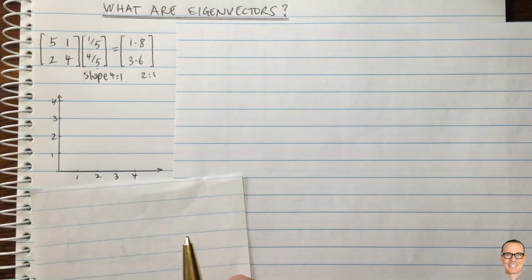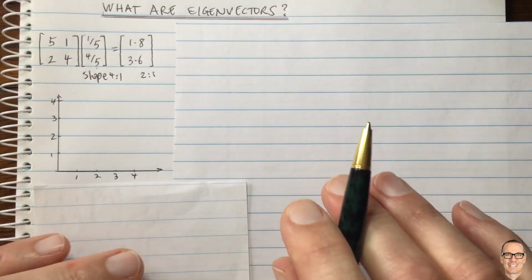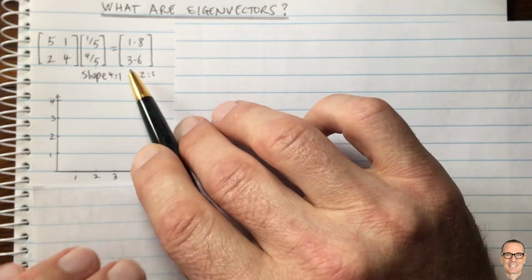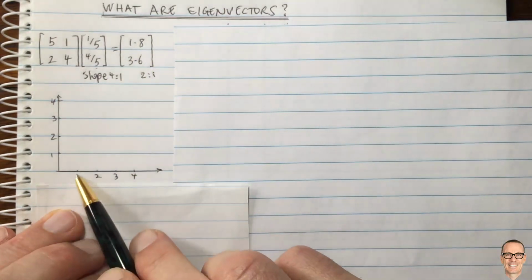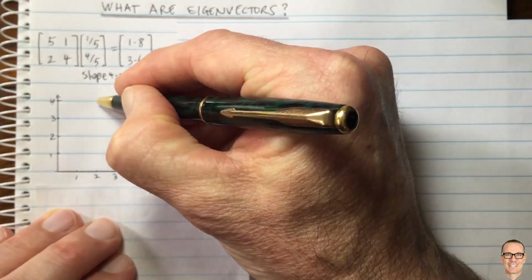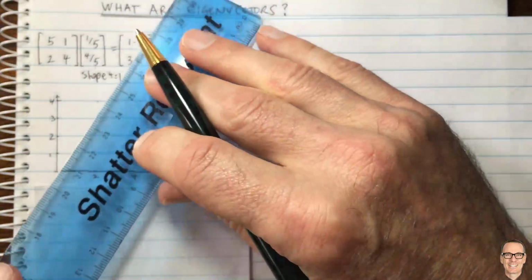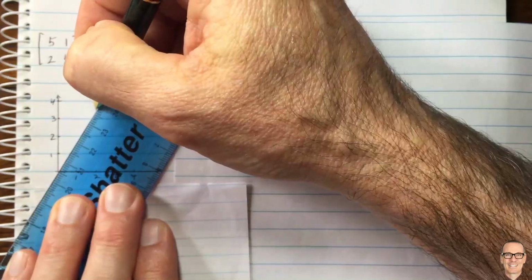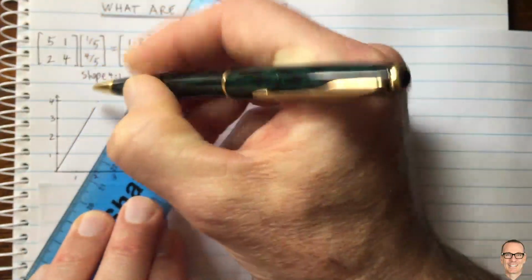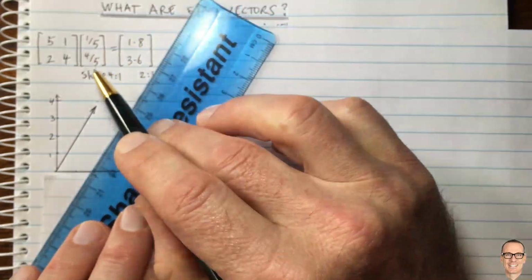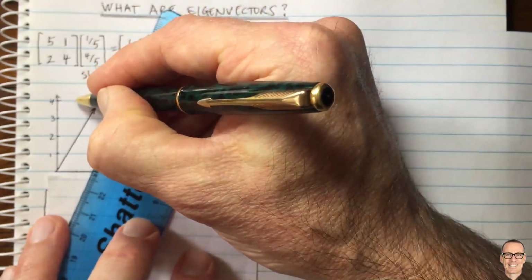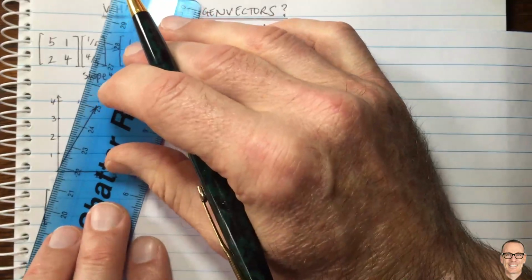Let me just plot these here on this curve. The output is 1.8 and 3.6. Here's 1.8. It's going to go up to that point there, but not all the way because it's not 2 to 4. So 1.8 and 3.6 is that vector there. This is the output vector. And the input vector was 1 to 4. So that's going to go along this line here, but of course not all the way.